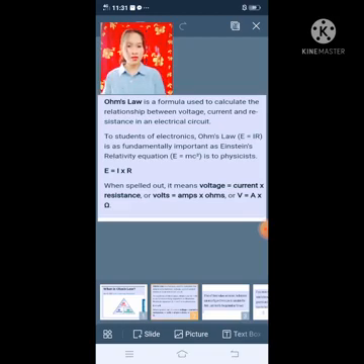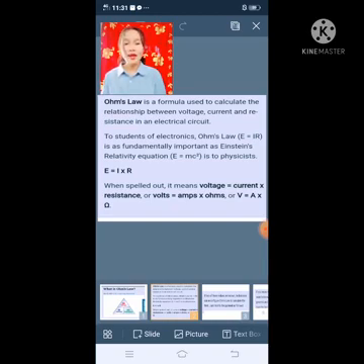electric circuit. To students of electronics, Ohm's law, that is E is equal to IR, is as fundamentally important as Einstein's relativity equation, E is equal to mc squared, is to physicists.